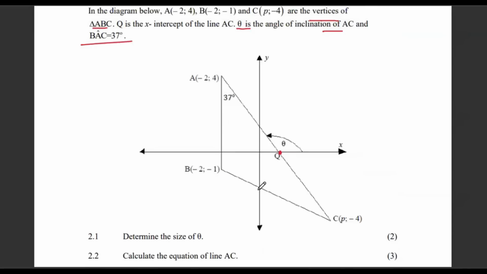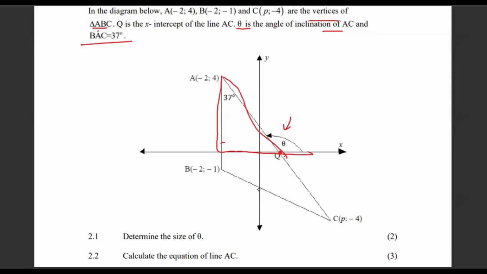Wow. What do we do? Anybody? Okay. So since this theta is an exterior angle, I can just focus on this sort of triangle here. Okay.